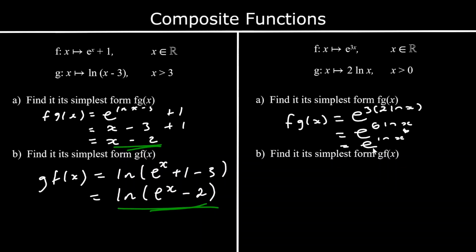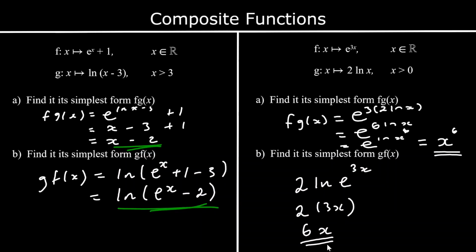So when we cancel out, e and ln cancel out, we just get x to the power of 6. Finding its simplest form, gf of x, so f into g, so it's 2 ln e to the 3x, e and ln cancel out, so it's 2 times 3x, which is 6x.